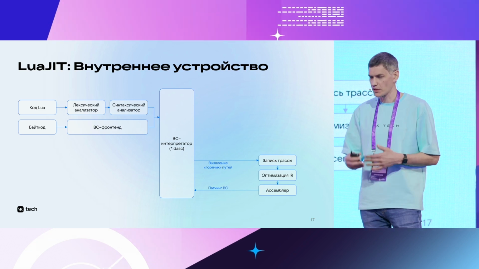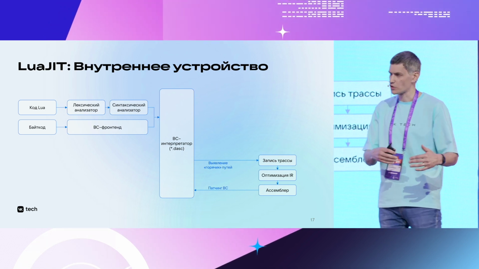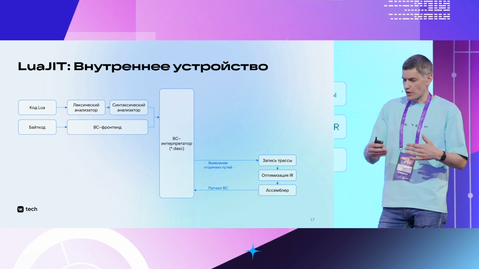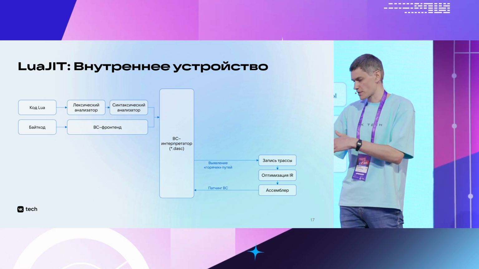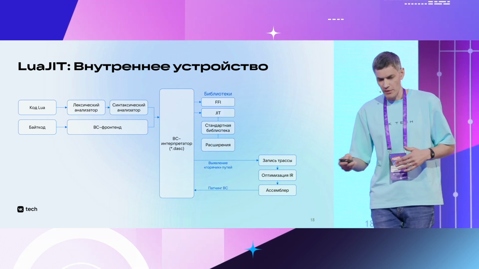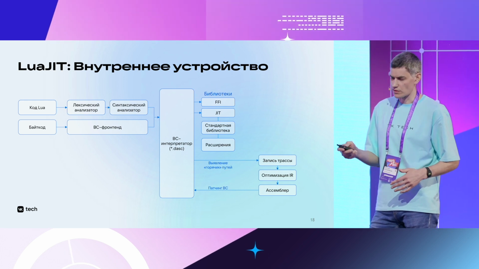Once you have this trace route, once it's assembled, it goes back to the interpreter, and it fetches the bytecode so that execution is done through this pre-recorded trace or route.